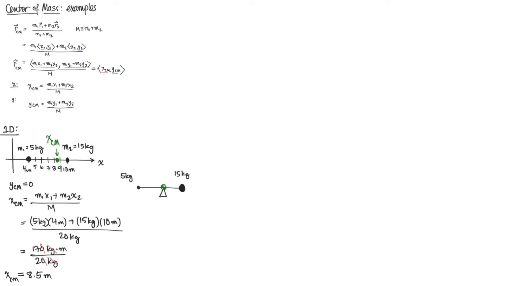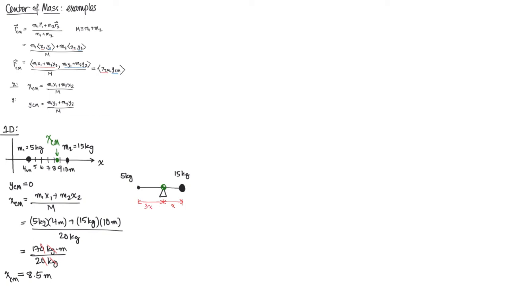Well, I know that my heavier mass is 3 times heavier than my lighter mass. So that means I need my distance from the pivot to the heavier mass to be, let's say, 1 unit. And then I need the distance from the pivot to the lighter mass to be 3 times as large.